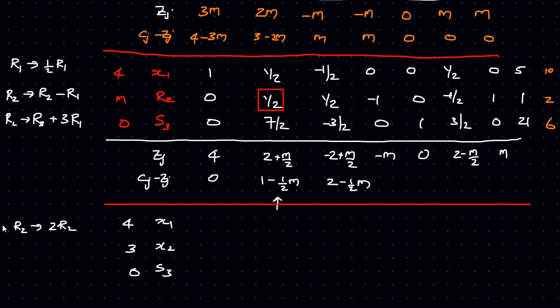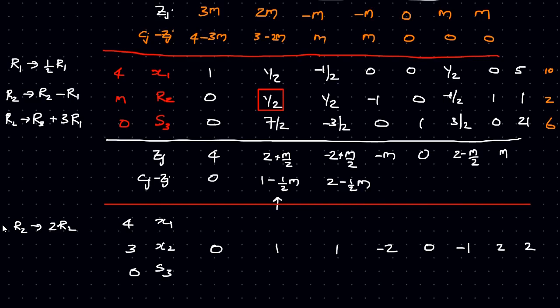Let's calculate that. We have a 0 here, and then 1 over here, and again 1, minus 2, 0, minus 1 and 2 and 2.